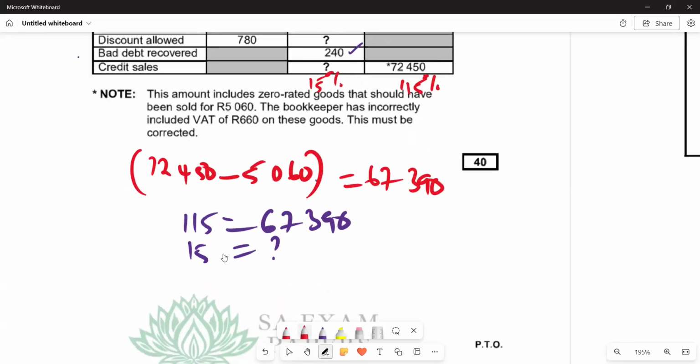So we are saying what we don't have, 15, numerator, what we have is 115, multiplied by the given figure, which is 67,390. So we calculate it as such, 15 divided by 115, and we multiply by 67,390. Then obviously the figure that we're going to get there is 8,790.